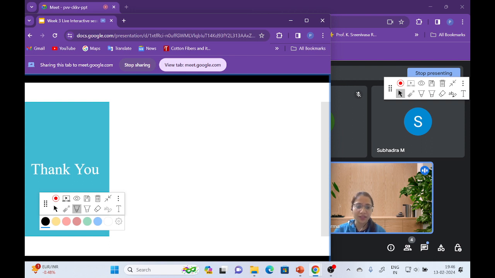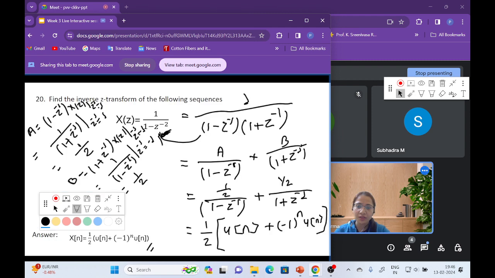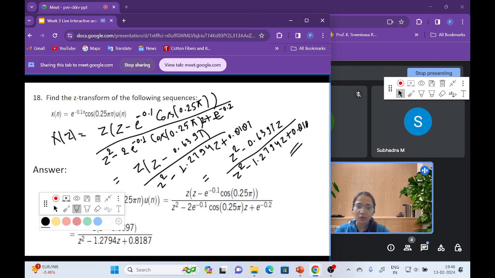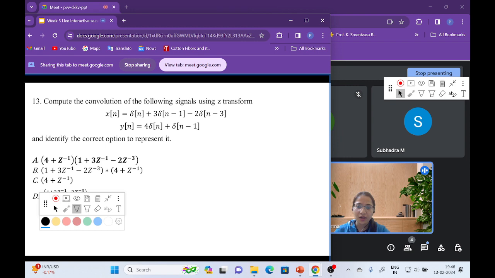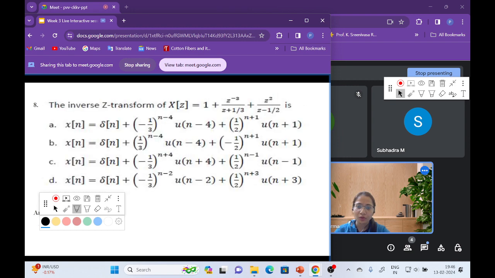I hope all of you understand these questions and are able to solve these problems as well as assignment problems. These questions are helpful for the exam also.